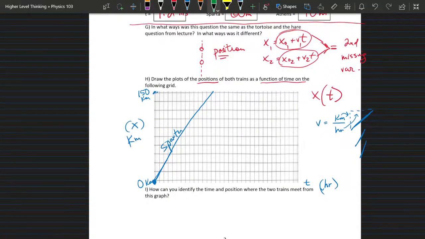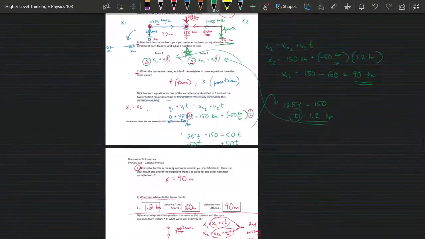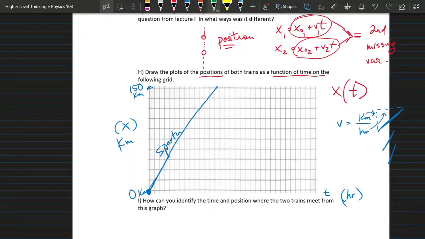Now, if we were to graph the path of the train from Athens, it's moving in the opposite direction. So it's actually starting at the 150, and it's moving at a negative slope, because we said that the velocity was negative 50 kilometers an hour.